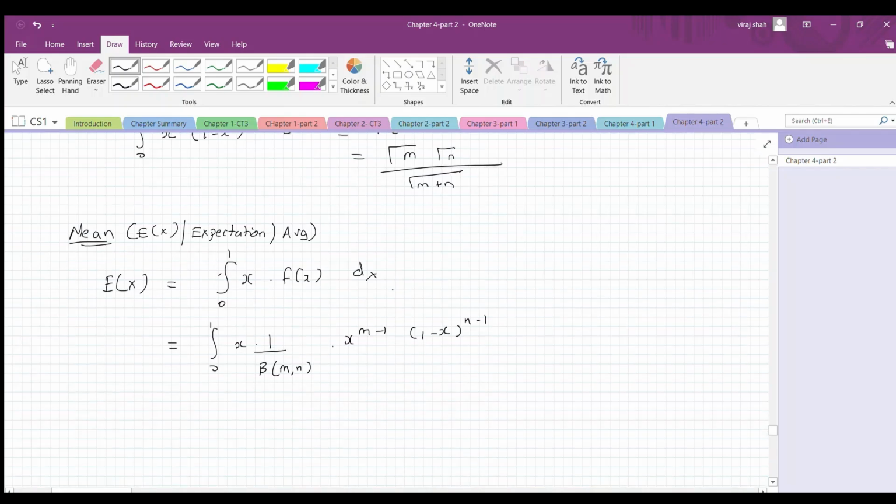As you can see, this term does not have any variable x. Since we are integrating with respect to x, this is a constant and I can take it out here.